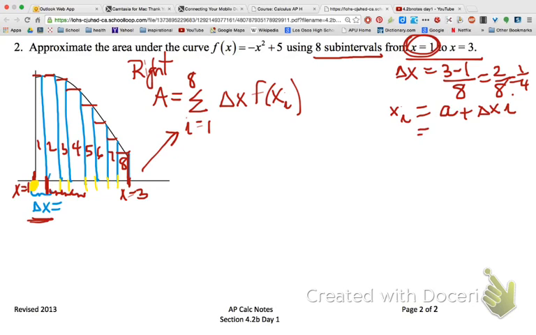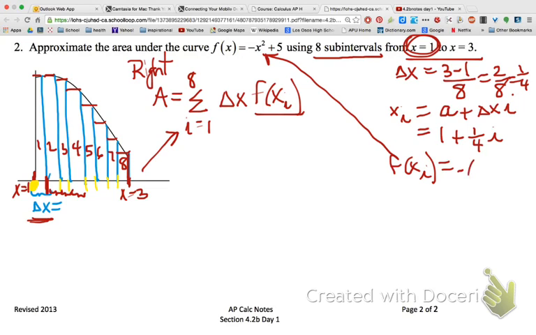And so in this particular case, a is 1 because that's where we started. Our delta x we just found out is a fourth. i, so there's my x sub i. And so now I need f of that. And so I'll use my formula, which says anything I give you, you're supposed to plug in place of x. So it'll be (1 plus 1/4 i) squared plus 5.